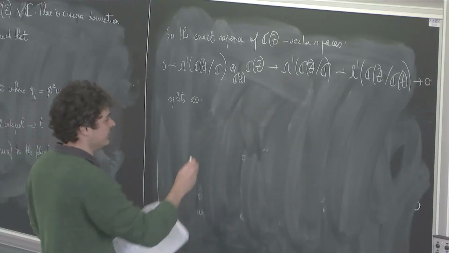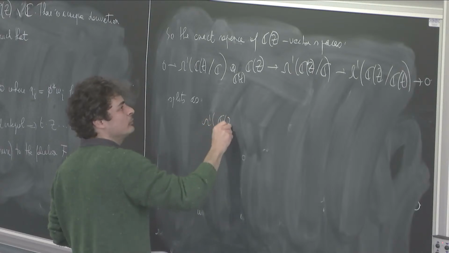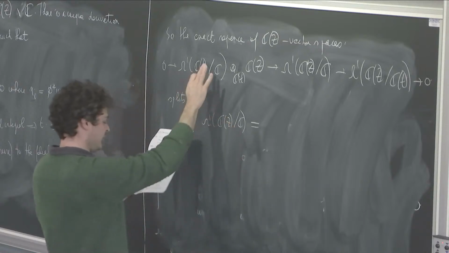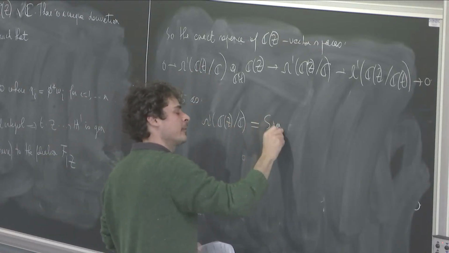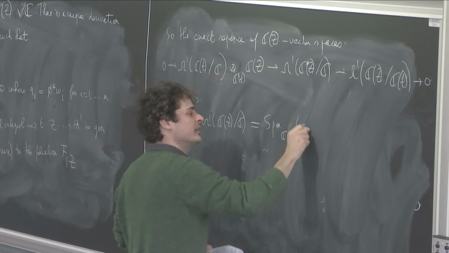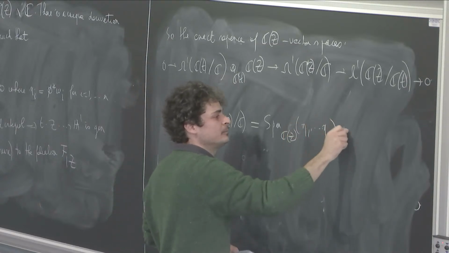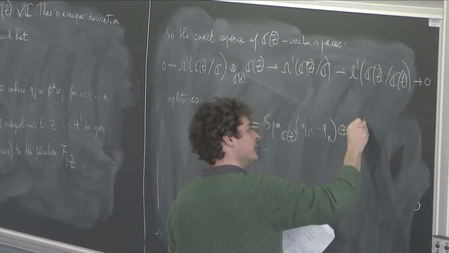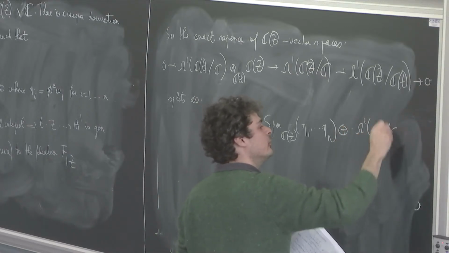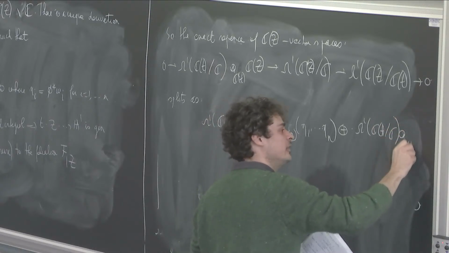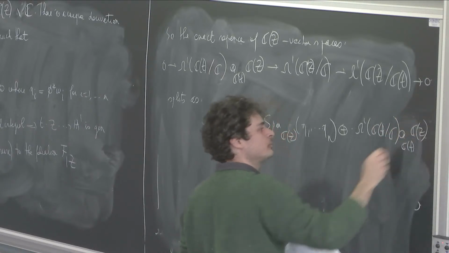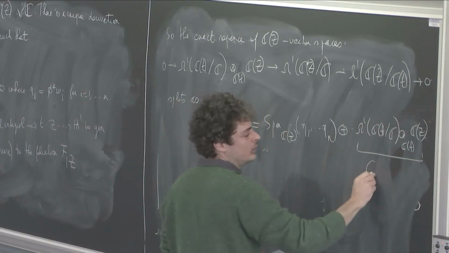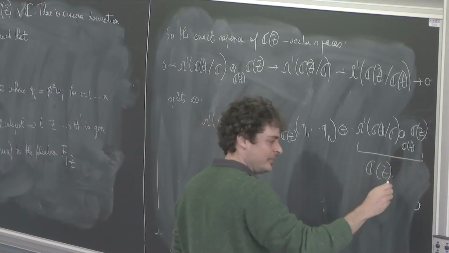and it means that this space of one forms, I can write it as generated by dt, so by the span over C of Z of eta 1, ..., eta n, plus omega 1 of C of t over C tensor C of t, C of Z. And this object is a one-dimensional C of Z vector space.